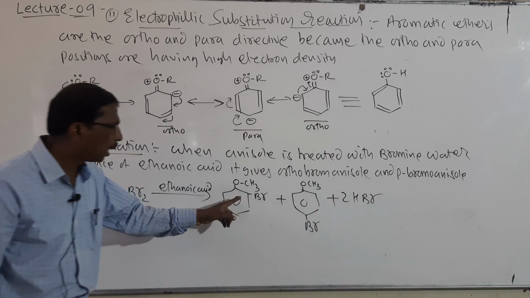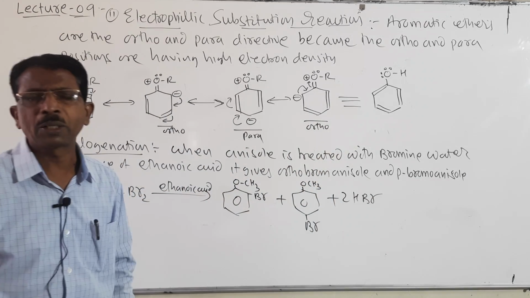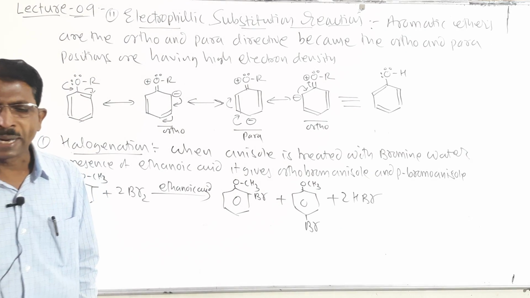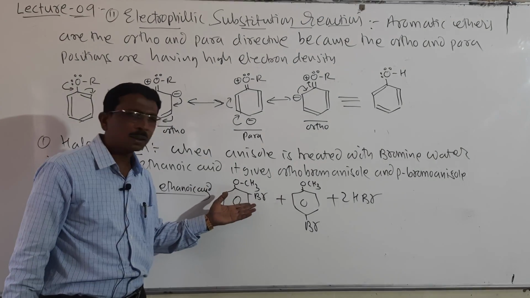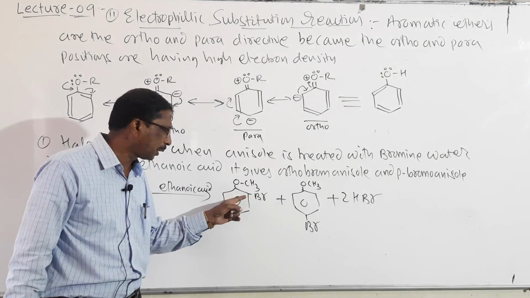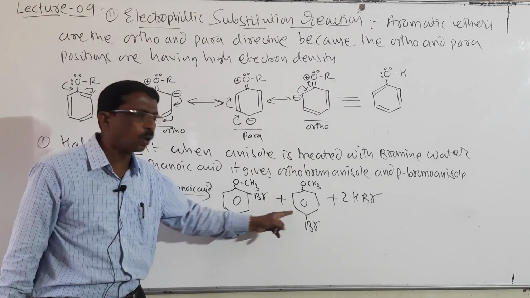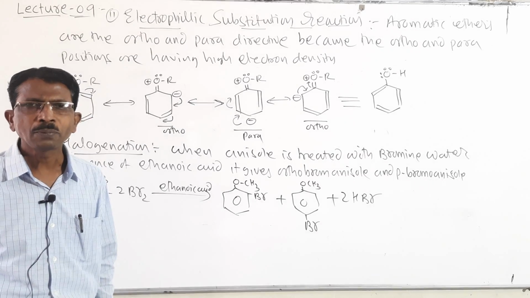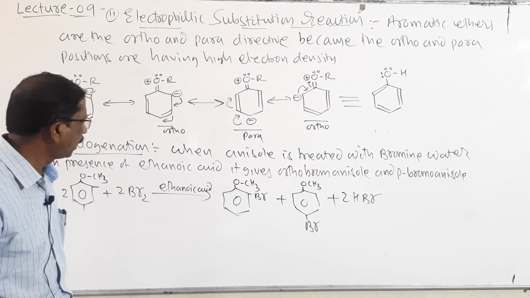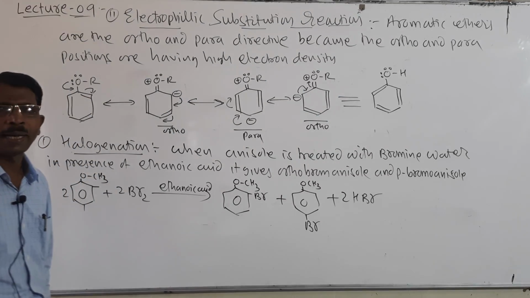So here it is ortho-bromoanisole and para-bromoanisole. And here you may also write it like 2-bromoanisole and 4-bromoanisole. So it is an ortho and para product, para directive.